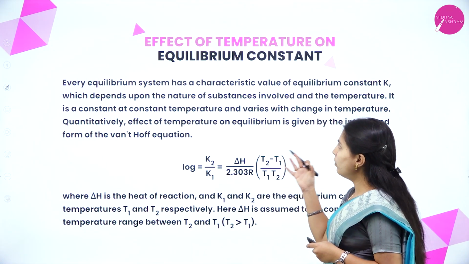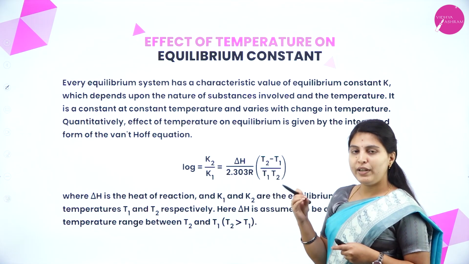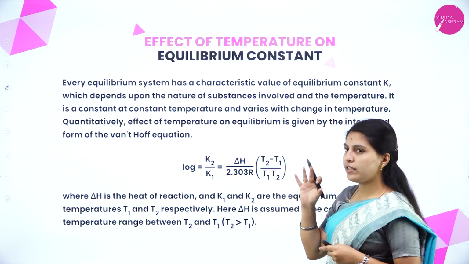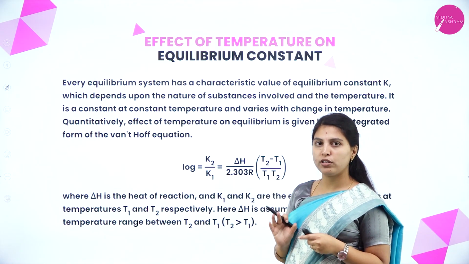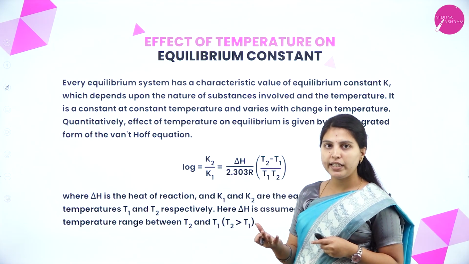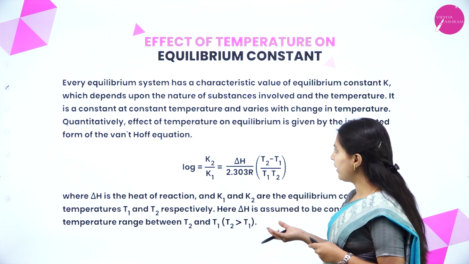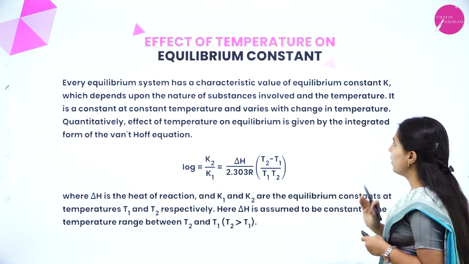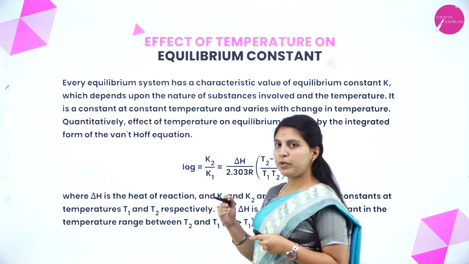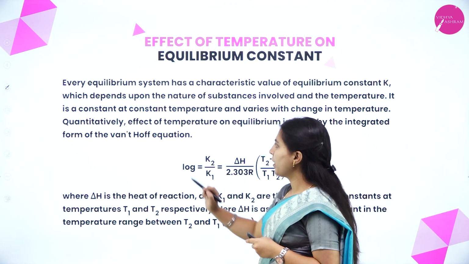So how will temperature affect the equilibrium constant? If the temperature is constant, the constant will also remain constant. If the temperature acts like a variable, obviously the rate of a reaction will change, and the equilibrium constant will also change.